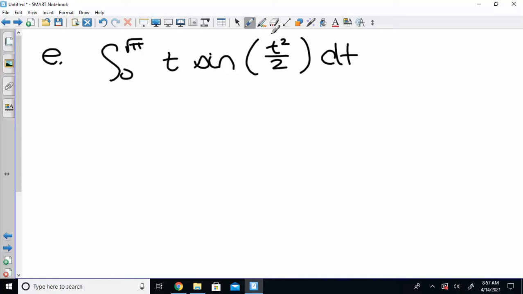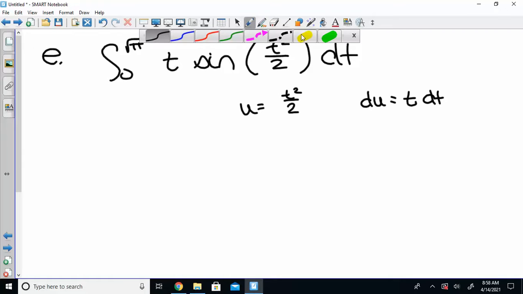I'm going to make my u the entire inside, so I'm going to say u is t squared over 2. du, you're not just making up a du. It's the derivative of this. So the 2 comes down, the 2 on top and bottom would cancel, subtract 1 from the power, so we just get t dt. So if I'm looking, the t squared over 2 gets replaced with my u.